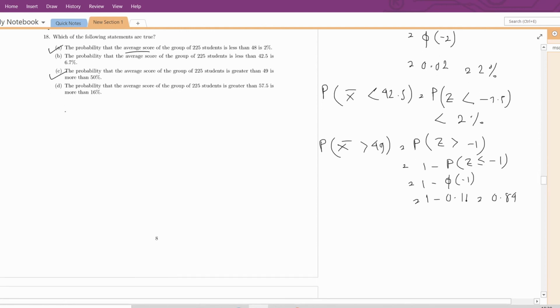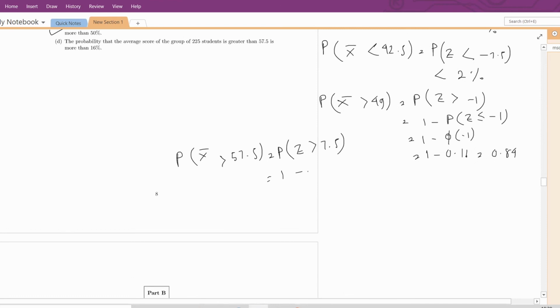And for option D, probability of x bar is greater than 57.5, if you do the same operation, you will get probability of z is greater than 7.5. This is 1 minus probability of z less than or equal to 7.5.